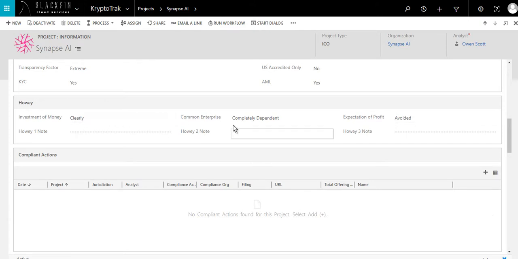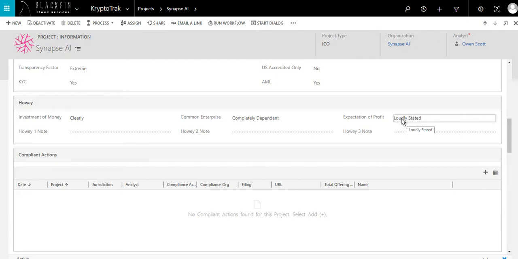If you have all 3 prongs very heavily hit like that, it's pretty much considered a security, probably by the SEC, and could be enforced as such, which means if you are a security by the SEC, then you had better state that and file yourself with them as a security. Nobody's done that. Nobody. What they've done is they've filed exemptions, and when we finally come up to one that has done that, I'll show that to you on another one of these webinars.